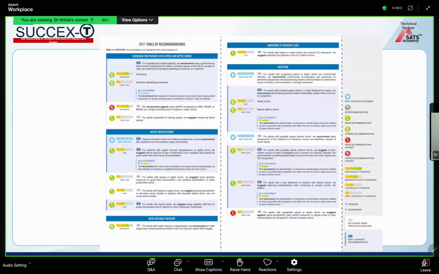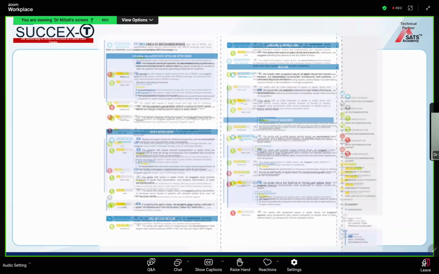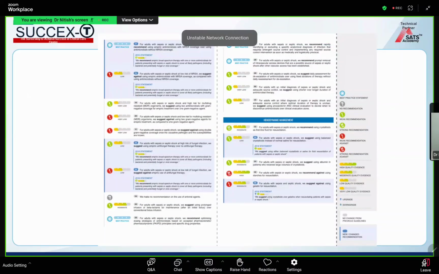These are the recommendation highlights for 2021. The first is a recommendation against using qSOFA as compared to SIRS, NEWS or MEWS as a single screening tool. Then there is a recommendation to measure lactate, which is considered one of the biomarkers for sepsis.